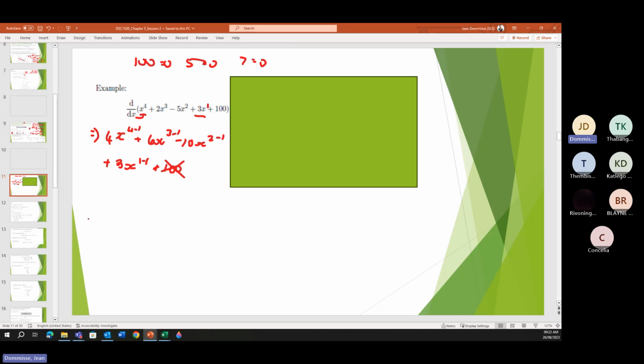Okay, so now we sit with that new line. 4x to the power of 4 minus 1 is 4x to the power of 3. 6x to the power of 2.